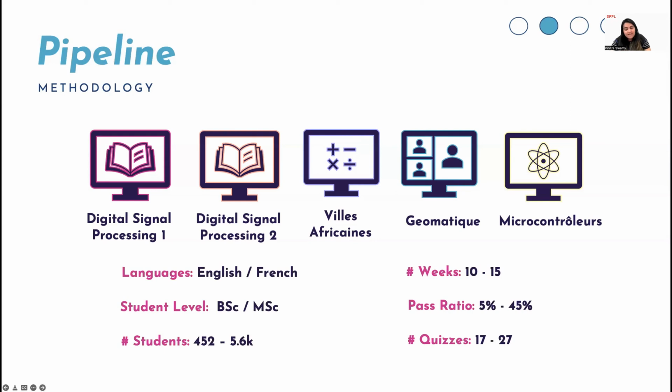We have a variety in the number of weeks, and specifically a large range in pass ratio, where we look at courses with 5% as well as courses with 45% passing, and a wide variety in also the number of quizzes. Ideally, these features from these courses that are from these very different populations should find different aspects of the course very relevant for student prediction.